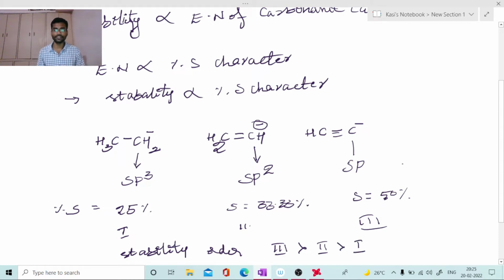Because the percentage of S character is more, the electronegativity is more. If the S percentage is more, it increases the electronegativity. If electronegativity is more, the stability is more.